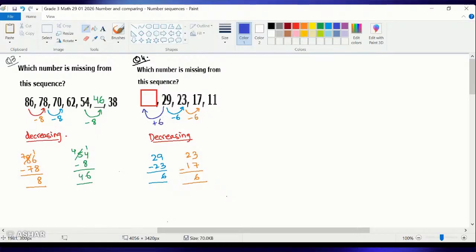Yes, 35 is the correct answer. That means the number before 29 was 6 greater. 9 plus 6 is 15. We carry a 1. That comes out to be 35. That means the first number of the sequence is 35.